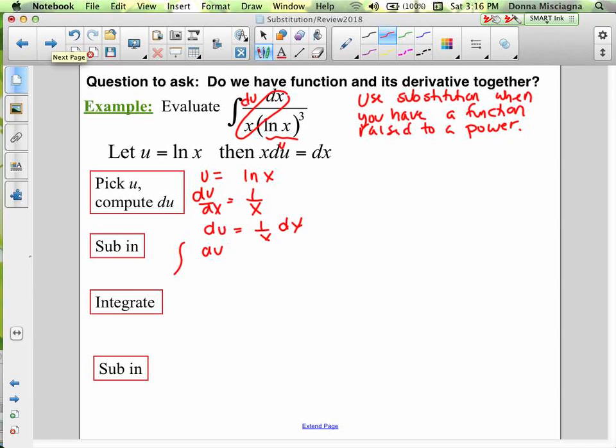Okay, so now du in the numerator there is replacing the dx and the x that's in the denominator. Right? And then the u is replacing the natural log of x. So we have du divided by u to the third power. All right, let's rewrite that.